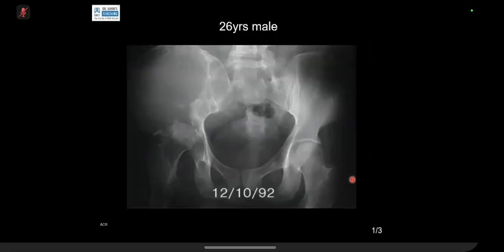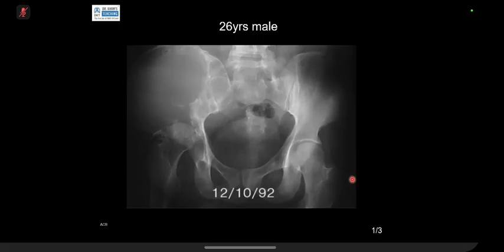Here in this patient, I can see that the right hip joint is disorganized and the hip is dislocated, and there is possibly a pseudo-articulation seen of the right femoral head with the iliac bone just above the right acetabulum.